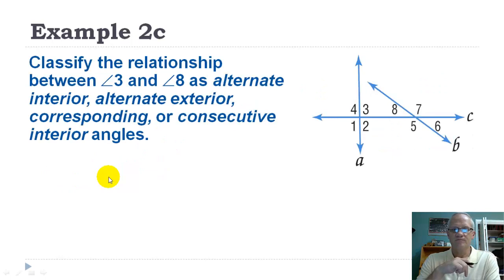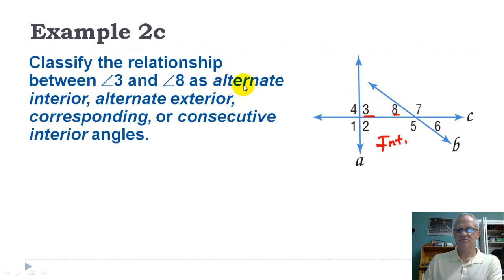All right. Now what about 3 and 8? Okay, let's look at 3 and 8. Here's 3. Here's 8. All right, so hopefully now you're getting pretty good at figuring out which is interior and exterior. And if you notice, 3 and 8 are both interior. Okay, they're both interior, right? Well, all right, we got a choice here.